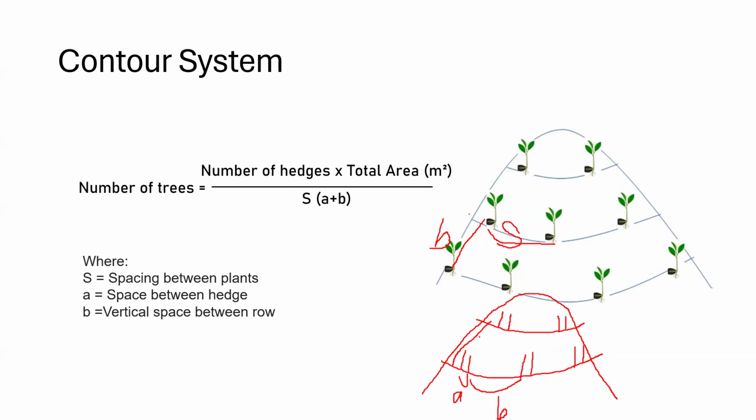Ito yung B. Distance between rows is B. Then distance between plants is S. Itong drawing ko, this is what we call the double hedge system. Then itong nasa picture, this is a single hedge system.